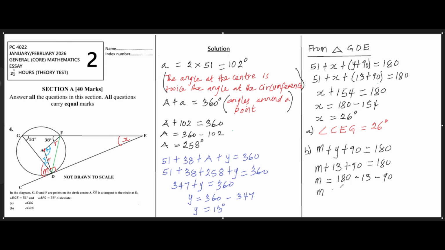So M is equal to 77 degrees. But again, we are asked to find the measure of angle CDG. So that is 77 degrees. Thank you.